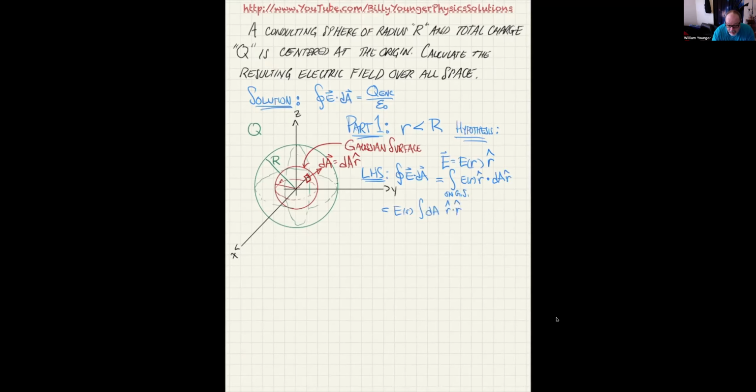Now, you might recall that, let me go on a sidebar here. I will go with a unique color. I will go with gross orange. A dotted with B is equal to the magnitude of A times the magnitude of B times the cosine of the angle between them.